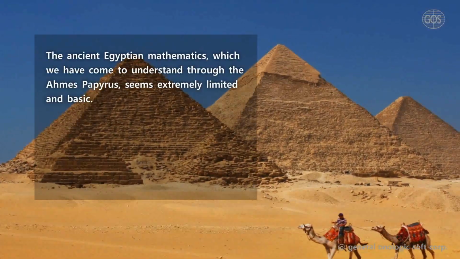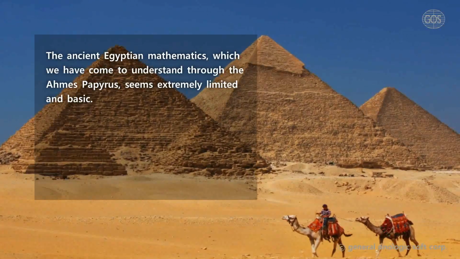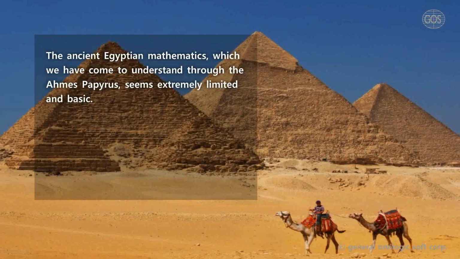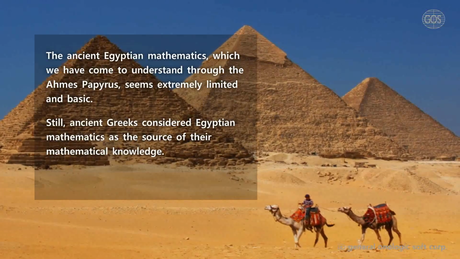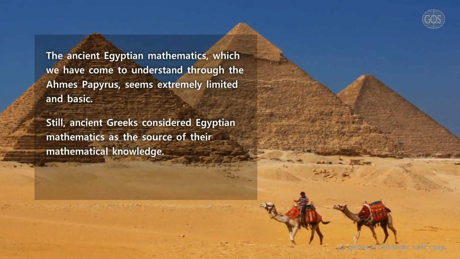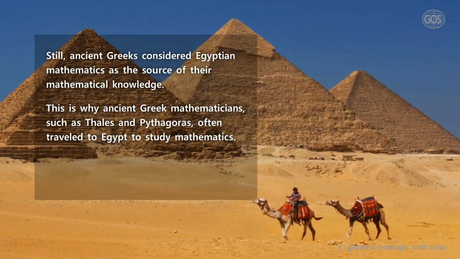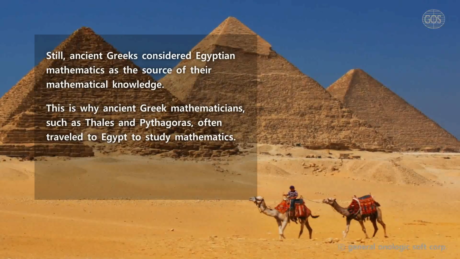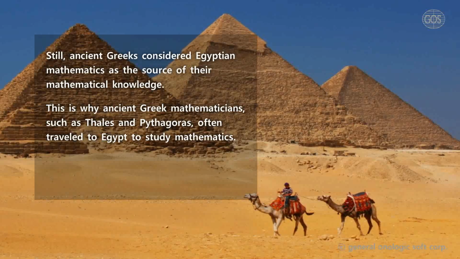The ancient Egyptian mathematics, which we have come to understand through the Eames Papyrus, seems extremely limited and basic. Still, ancient Greeks considered Egyptian mathematics as the source of their mathematical knowledge. This is why ancient Greek mathematicians, such as Thales and Pythagoras, often traveled to Egypt to study mathematics.